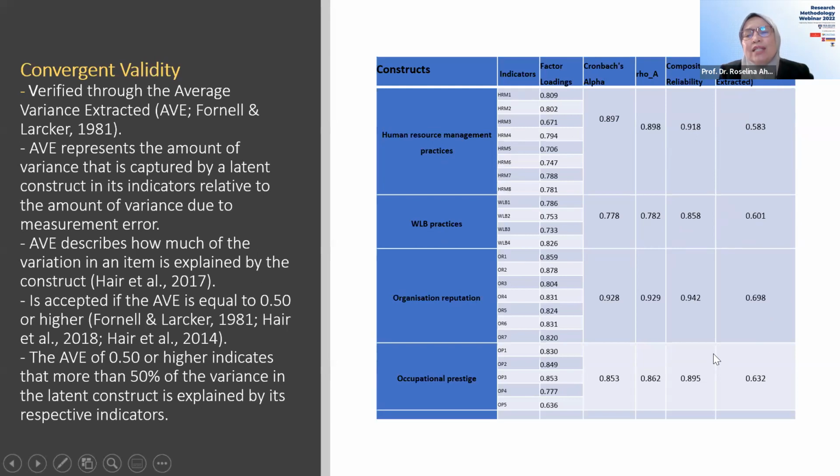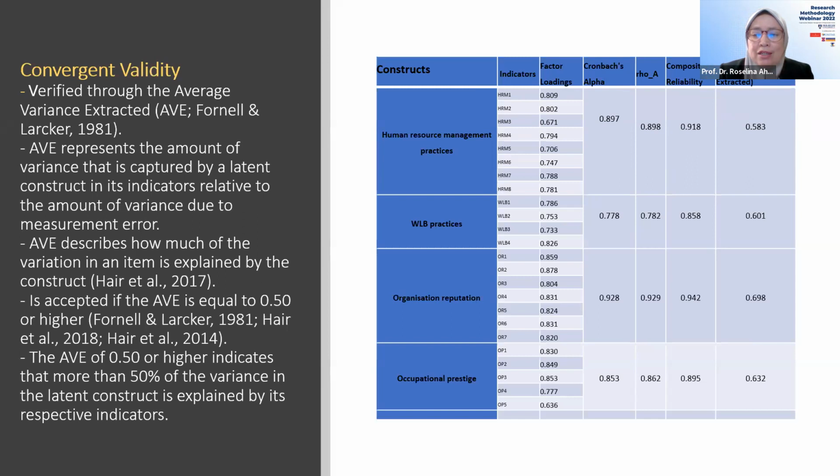So when it comes to writing, you need to tell what it means by 0.583. Some students will write, okay, the AVE is 0.583 for HRMP. Of course we know, because when we look at your table. But what does it mean?